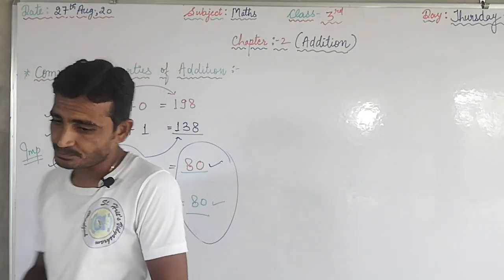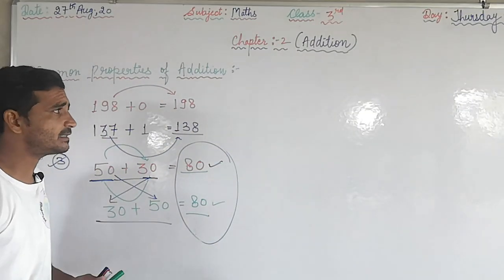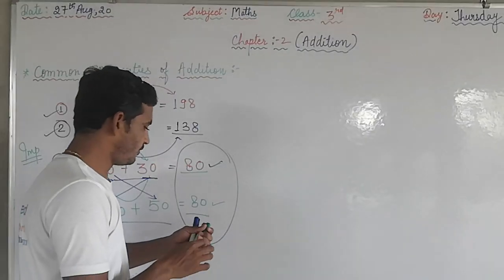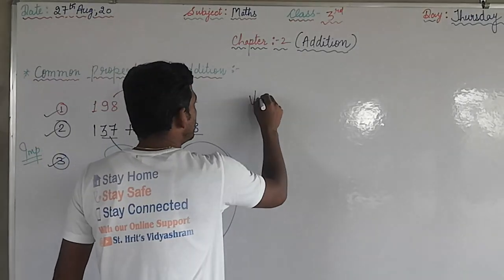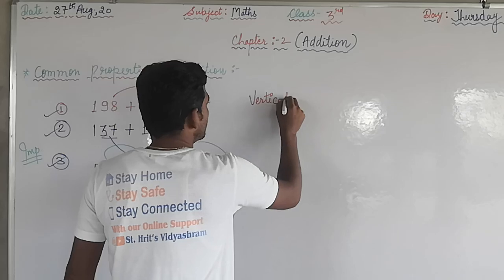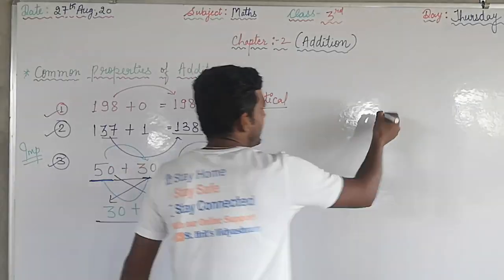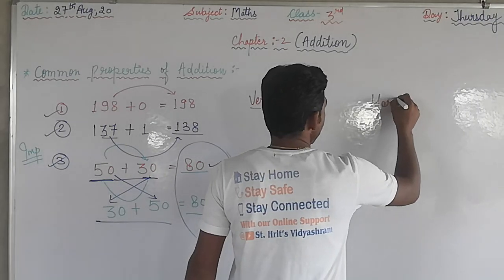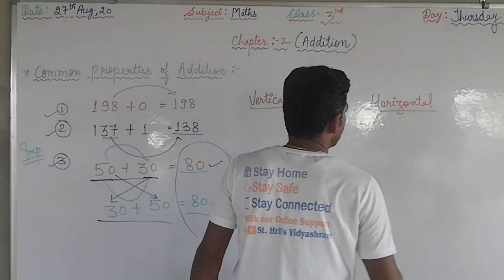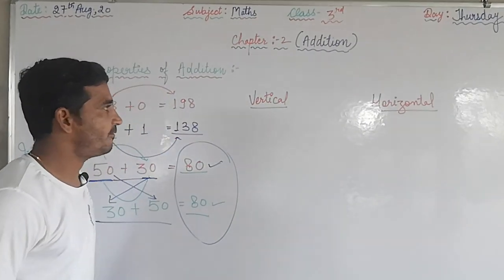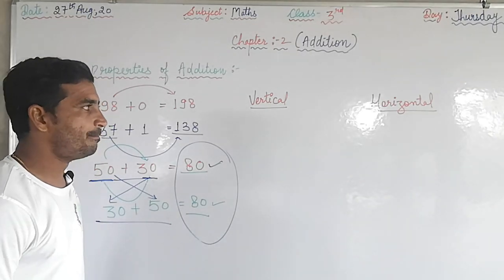Okay, now one more thing I am going to discuss here which is not in your book. That is vertical addition, vertical and horizontal pattern. I am going to discuss the vertical pattern and the horizontal pattern.